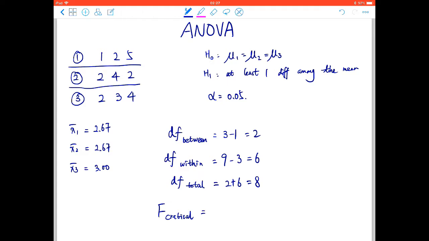For our reference, we choose the F distribution table with alpha equal to 0.05, and the degrees of freedom between is 2, and within is 6.